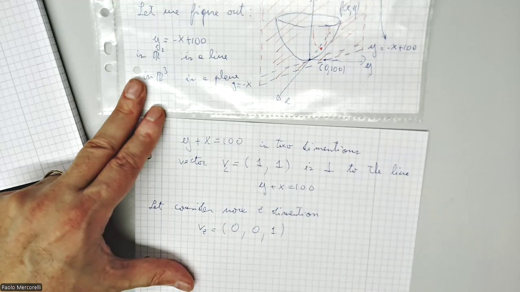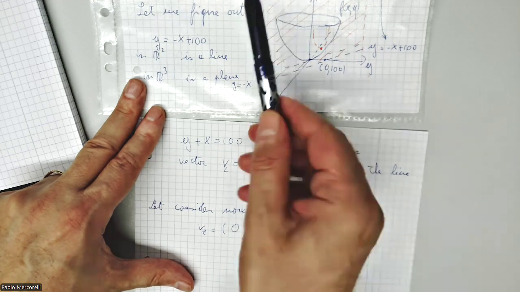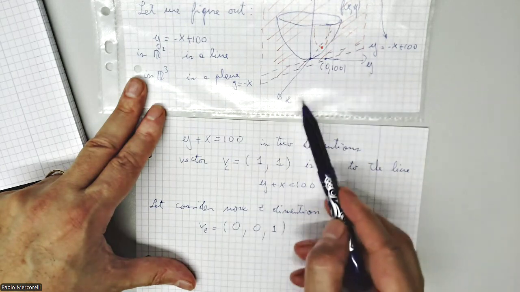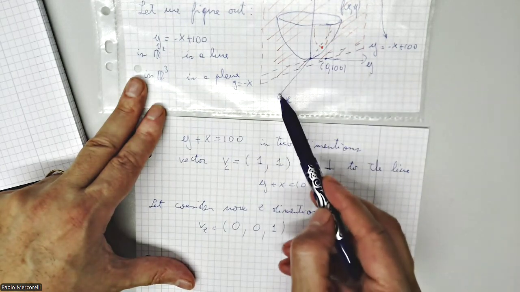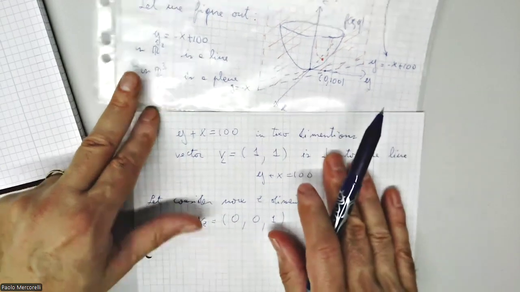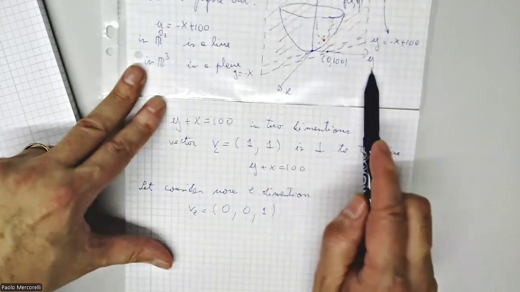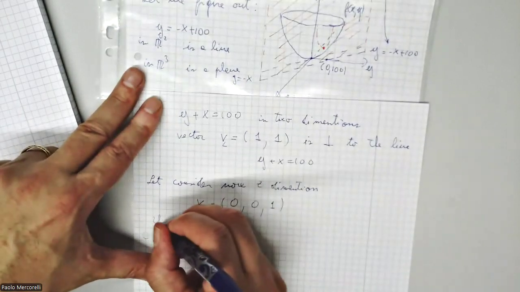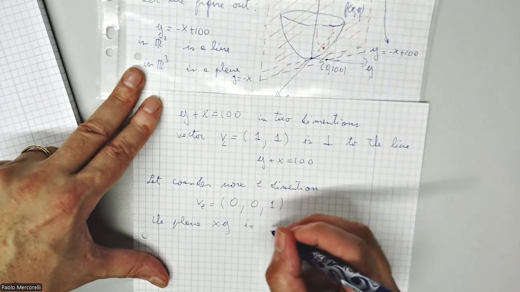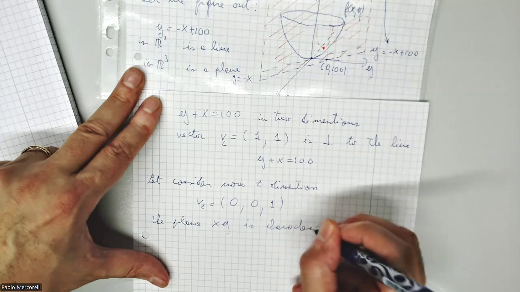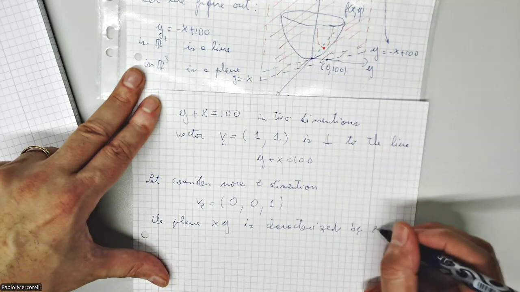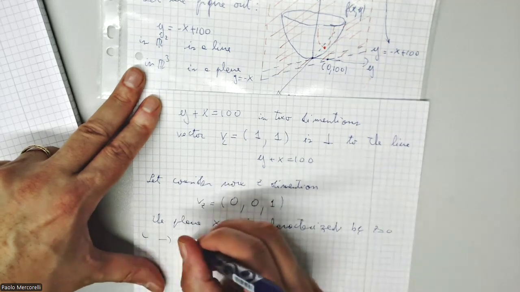Now, if you remember that Z is orthogonal to the plane X and Y, and the plane X and Y is characterized, let me write, by Z equals 0.